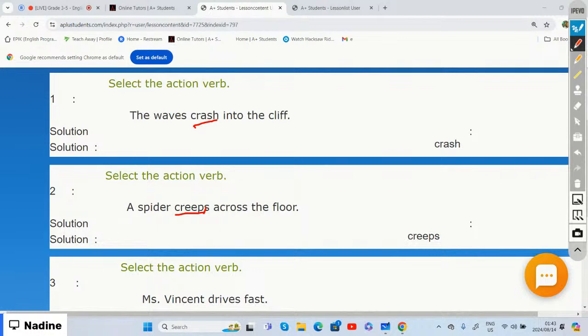We need to identify the action verb within that sentence.